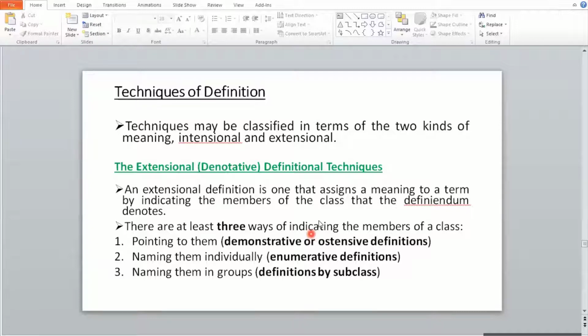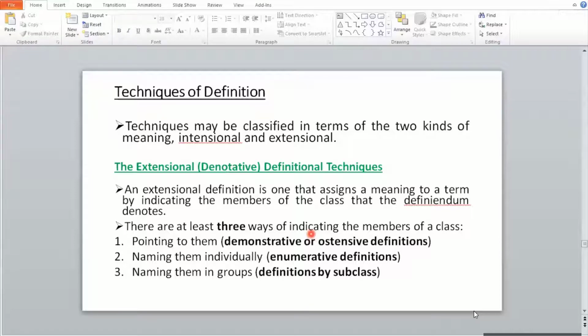The second technique is naming them individually, enumerating or listing the definitions. The third one is naming them in groups, individually and in groups, and pointing at them.